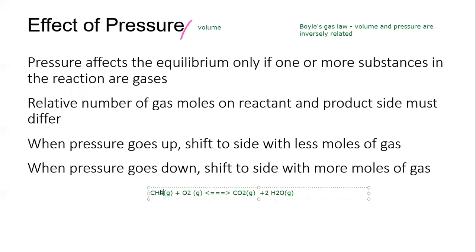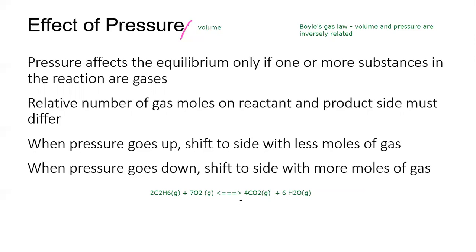Let me change this to page 6. So here we have this balanced chemical equation. It's at equilibrium.